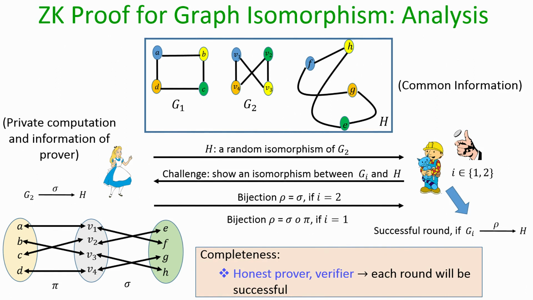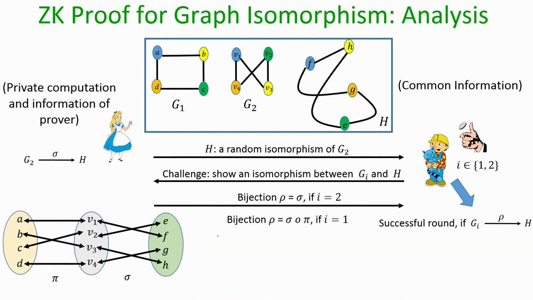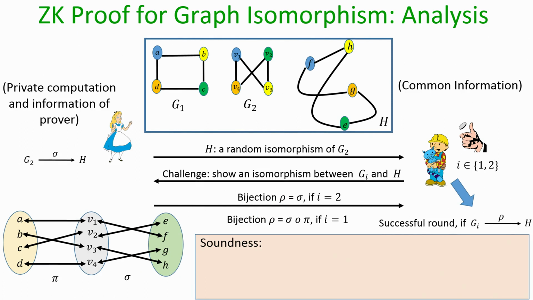If indeed Alice is honest, that means she knows the secret mapping pi between the graph G1 and G2, and if she is following the protocol instructions honestly, and if the verifier is also honest, then each of the rounds will be successful, because it does not matter whether Bob challenges with i equal to 1 or with i equal to 2, Alice will always be able to successfully respond with the right mapping rho, and hence all the rounds will be successful.